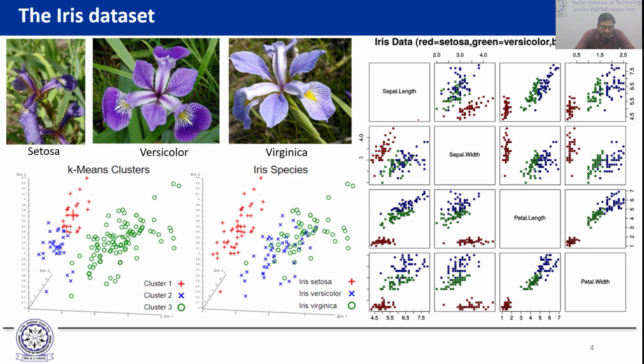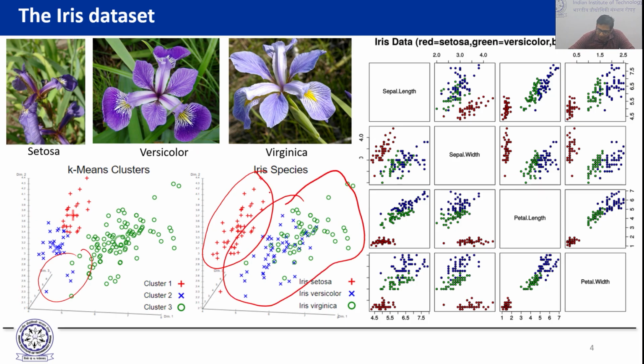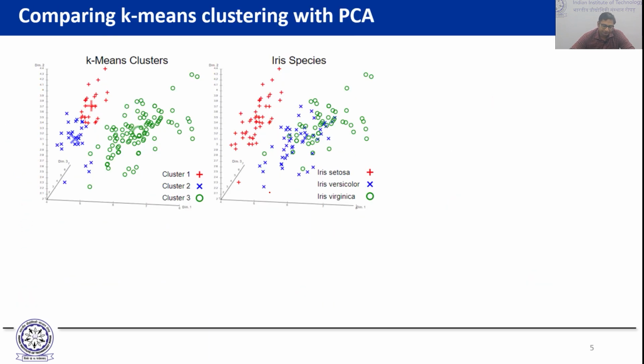You could start using K-means clustering and see that you have got 3 different clusters. When you are looking at the species, you will see that the data is a little bit more mixed. If you use K-means clustering, you will start to separate the data a whole lot better. But as you notice, it's still not going to be a perfect separation. It is better than just looking at the raw data, because there you have a lot more overlap, a lot more scatter in the data.